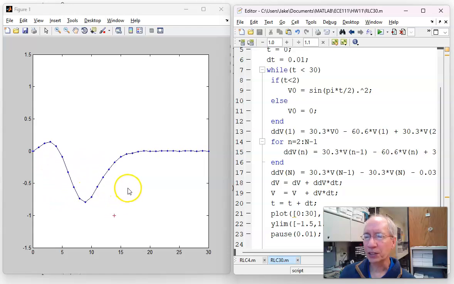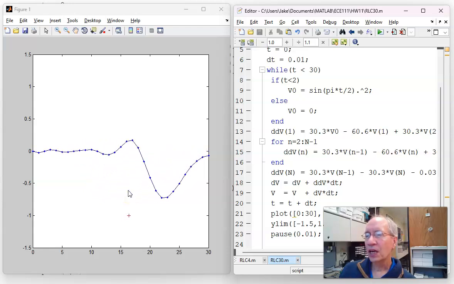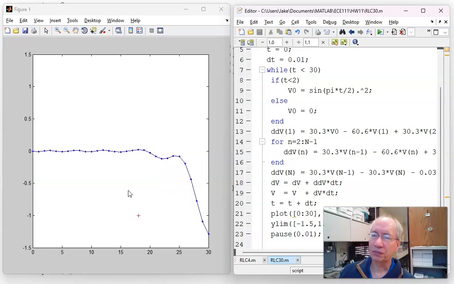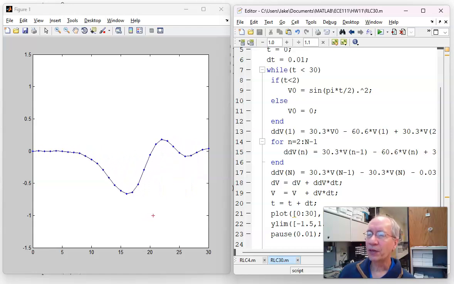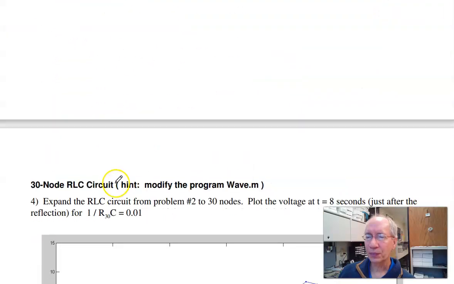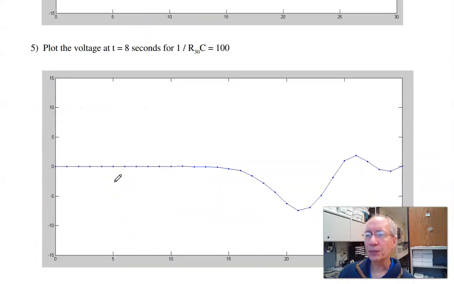Now I've got a negative reflection. So that's how the system behaves. Coupled second-order differential equations are called the wave equation, because it looks like you're launching a wave. Very different than a heat equation. Okay, so that's problem number 4.